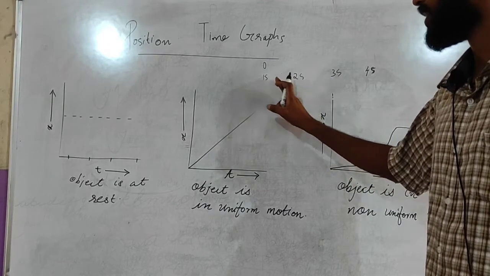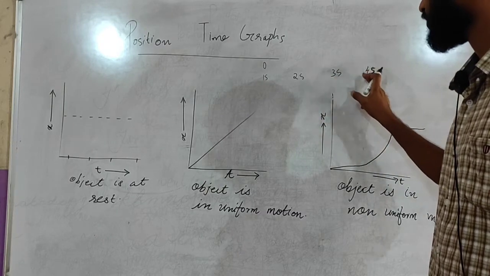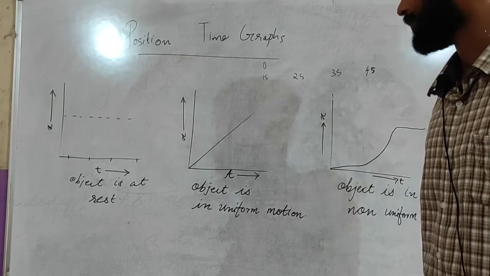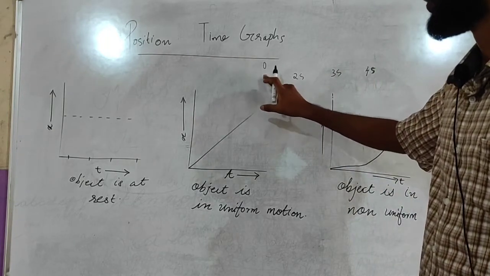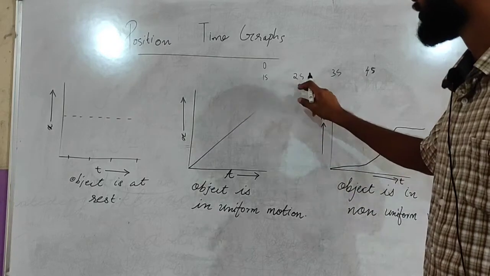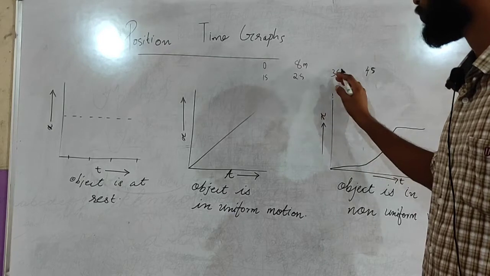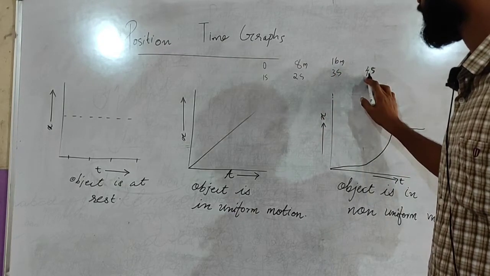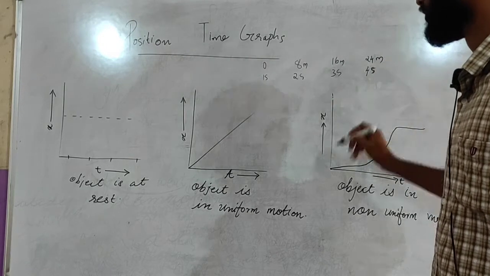Between 1 second and 2 seconds the gap is 1 second, 2 seconds and 3 seconds the gap is 1 second, and 3 seconds and 4 seconds the gap is 1 second. So the interval of time is equal. Now the position of the object at 1 second was 0, at 2 seconds it is at 8 meters, at 3 seconds it is at 16 meters, and at 4 seconds it will be at 24 meters.